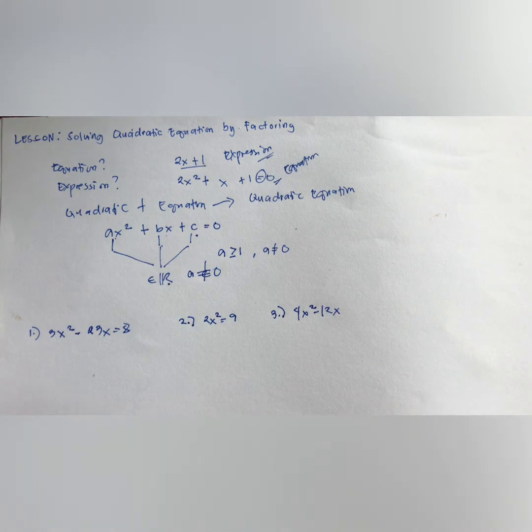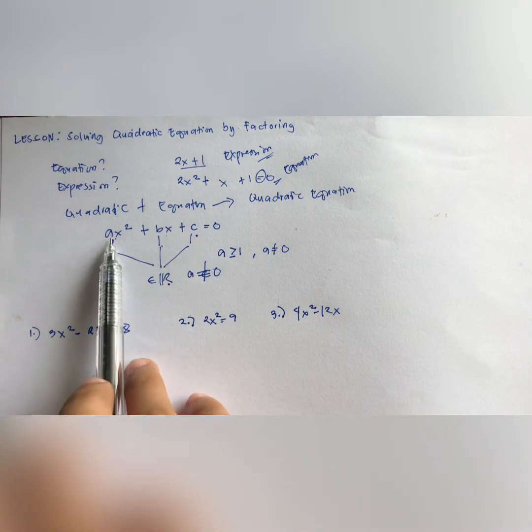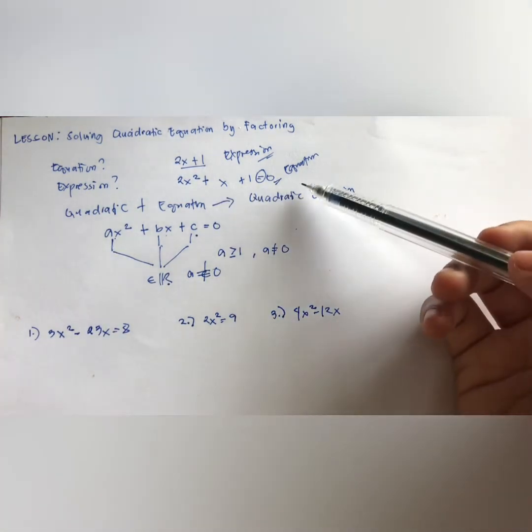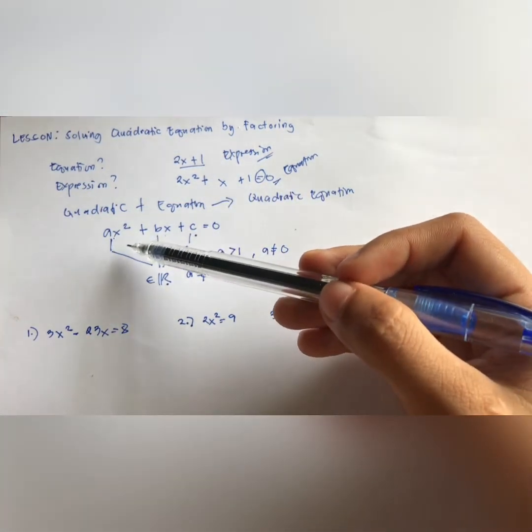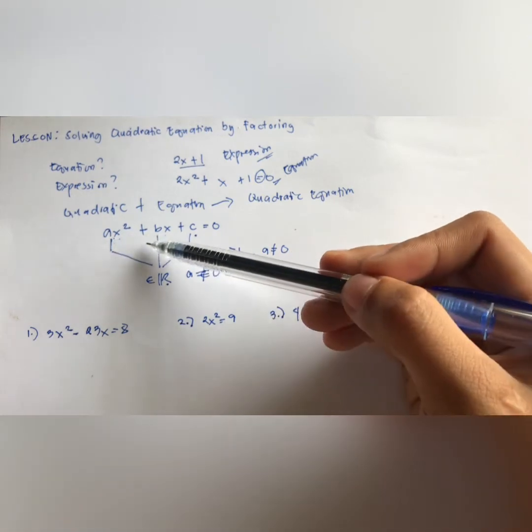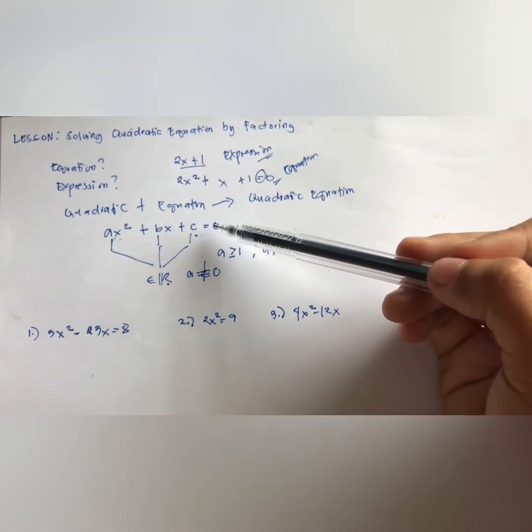Now for number 1, can we consider that equation as a quadratic equation? Yes or no? Yes. Since based on the given definition, a quadratic equation is of the form ax squared plus bx plus c equals 0.